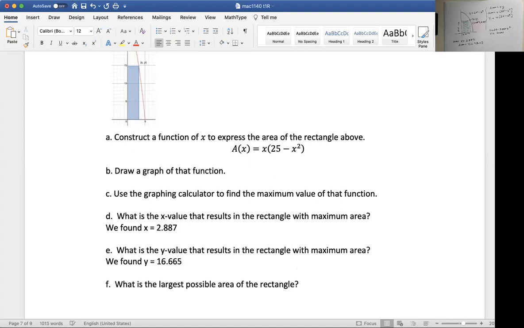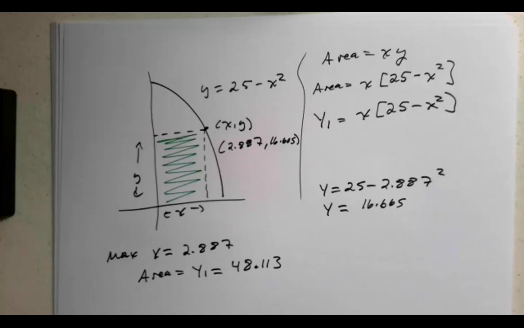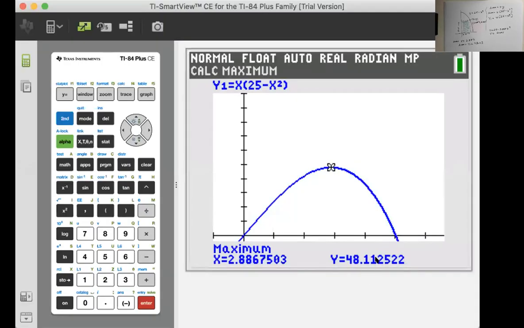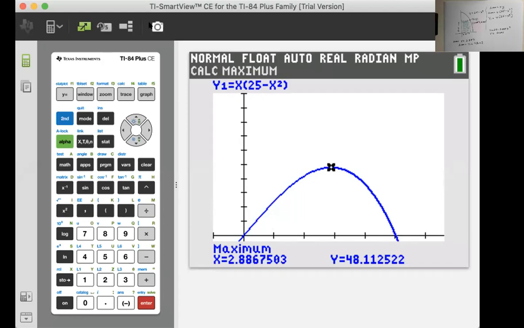Then it asks us what was the largest possible area of the rectangle. But remember, when we looked at this, we had this 48.113 thing, right? That was area. X times 25 minus x squared was the area. So the maximum area is about 48.11.